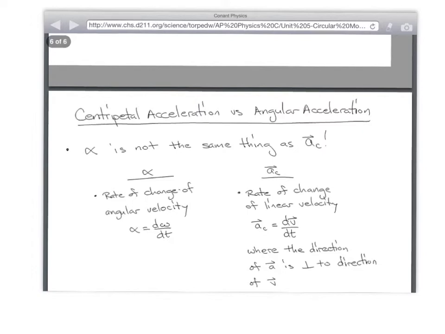Radians per second squared. What's the units of centripetal acceleration? Meters per second squared. So that should clue you in that there's a big difference between them. Alpha is how quickly you're getting up to speed, or slowing down. Centripetal acceleration is how quickly you're turning, in meters per second squared.